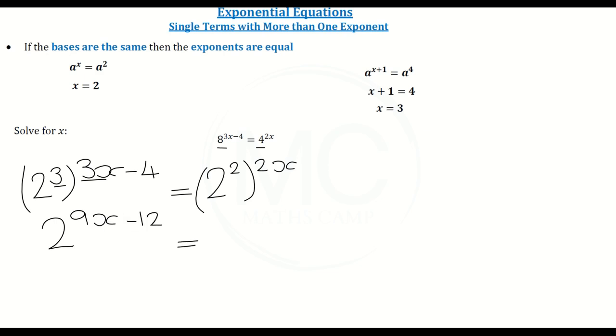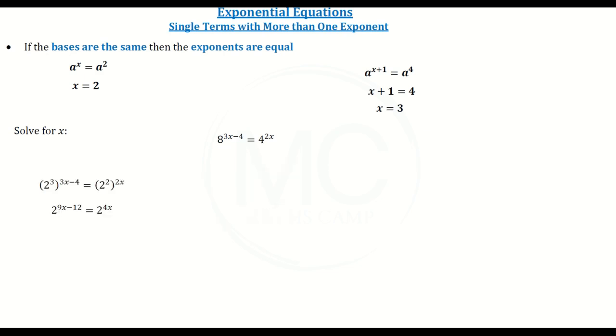It is equal to, on the right, a base of 2. 2 multiplied by 2x is 4x. Now we have a base of 2 and a base of 2, which means our exponents are equal. On the left, our exponents are 9x minus 12. And on the right, we have an exponent of 4x.